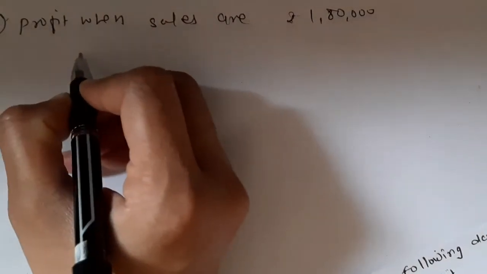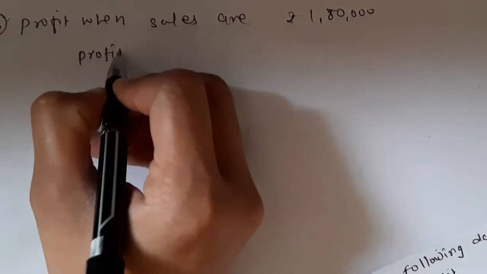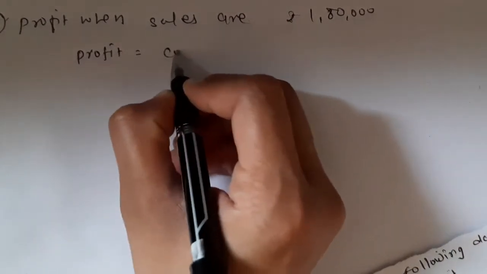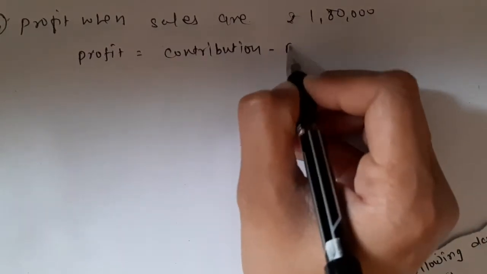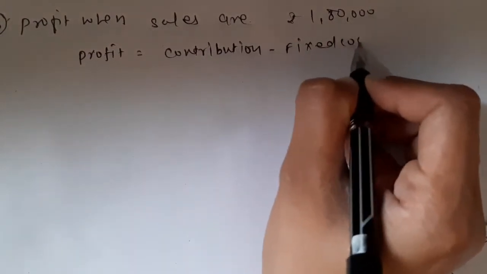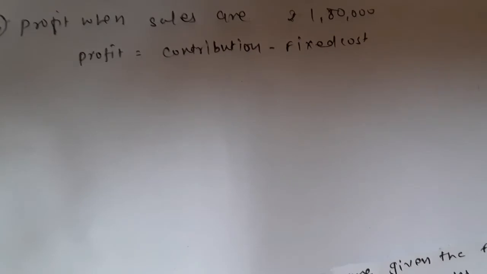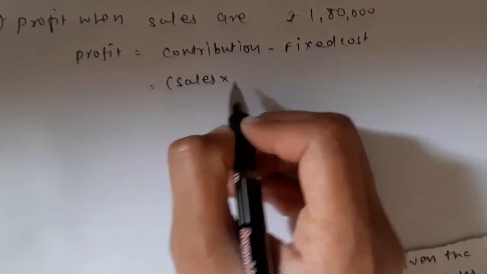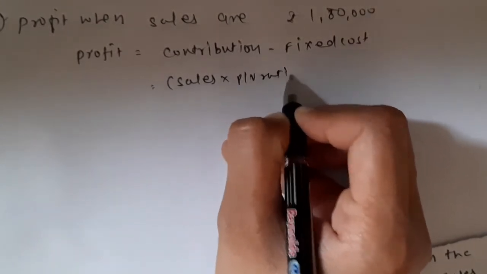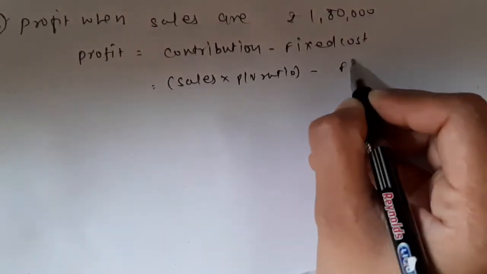Okay, so profit is equal to contribution minus fixed cost. What is contribution here? Contribution is sales into PV ratio.